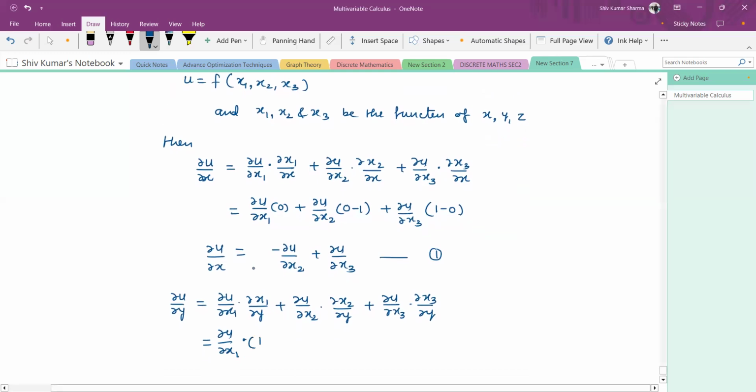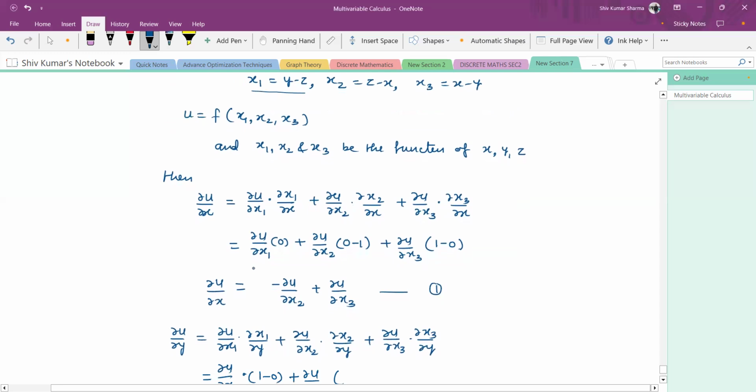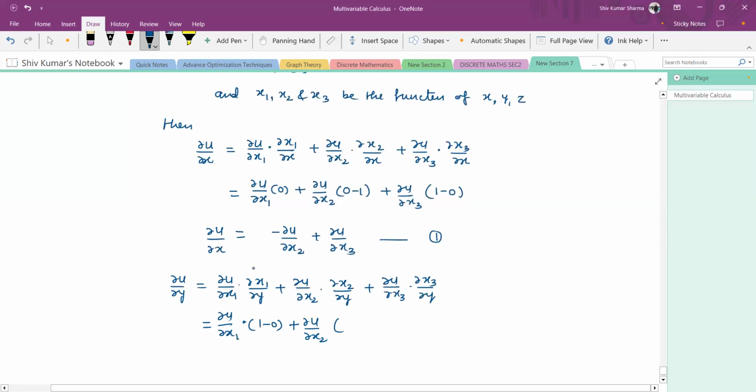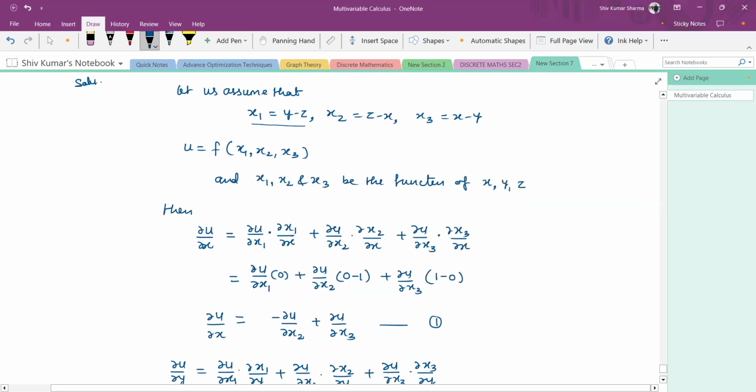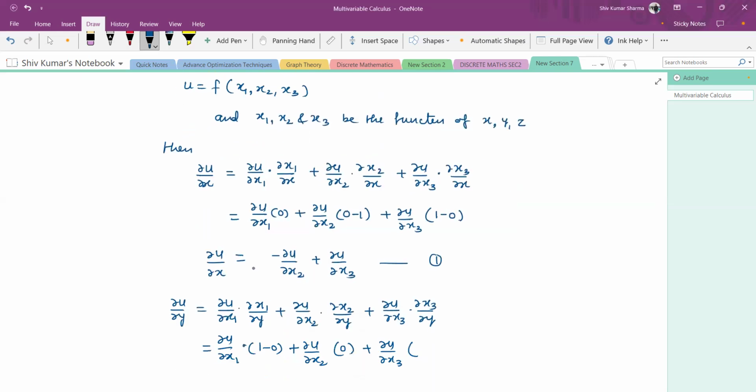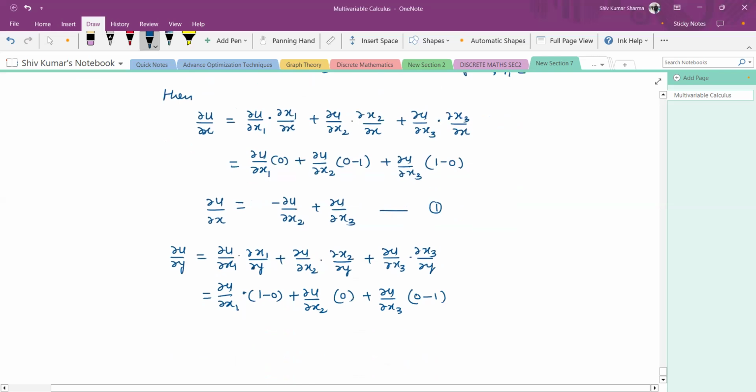Then del u upon del x2 into del x2 upon del y: there is no term of y in x2, so the derivative will be 0. Plus del u upon del x3 into del x3 upon del y, which gives us -1. So del u upon del y is equal to del u upon del x1 minus del u upon del x3. This is our equation number 2.